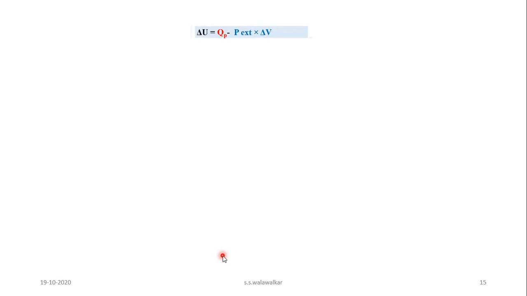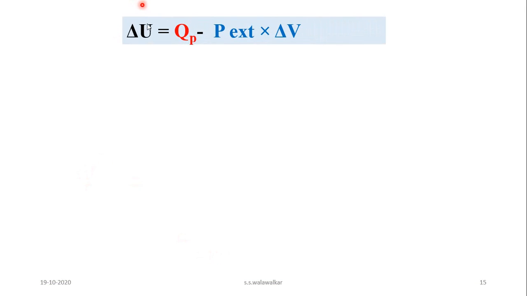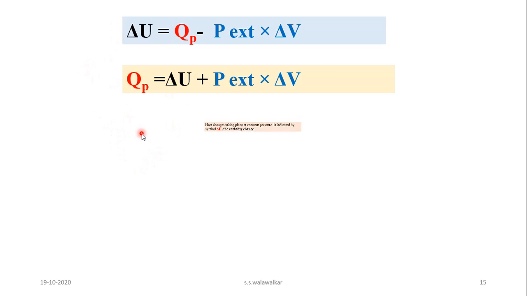Therefore delta U is equal to QP minus P external into delta V, and QP is equal to delta U plus P external into delta V, where QP means heat supplied at constant pressure.